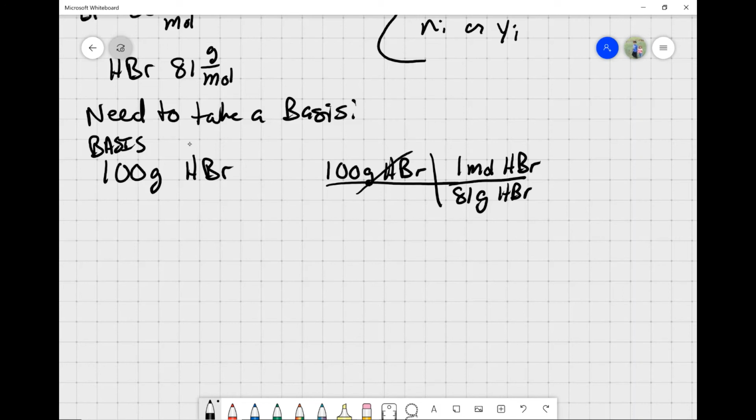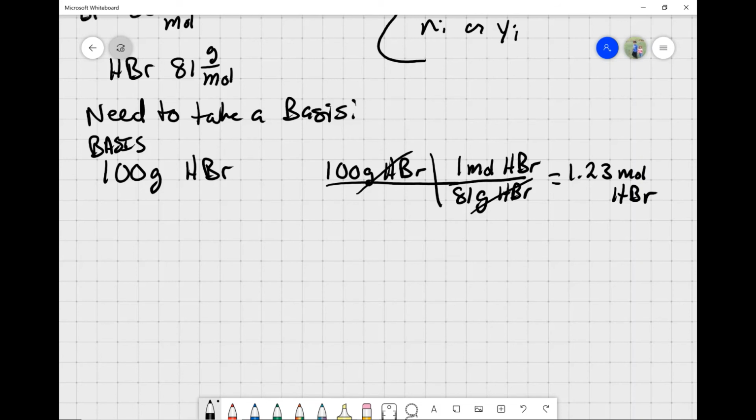So grams of HBr is going to cancel, and we're left with moles of HBr. So 100 divided by 81, wow, that's crazy. I'm going to round, and that equals 1.23 moles of HBr.